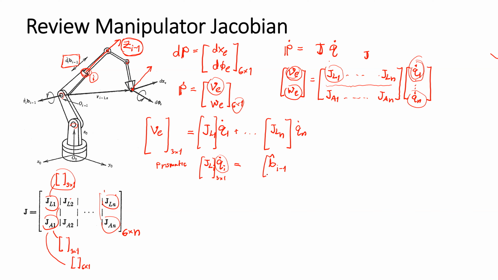The unit vector also has the dimension of 3 by 1. It has the same direction as the prismatic joint, and the same direction as the z(i-1) axis of the frame that we attach to the robot. And the magnitude of the velocity is equal to the speed of the prismatic joint.